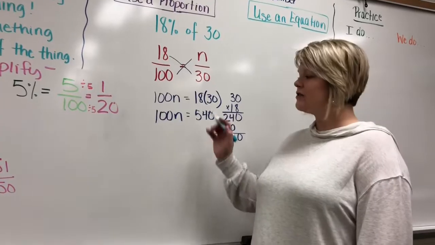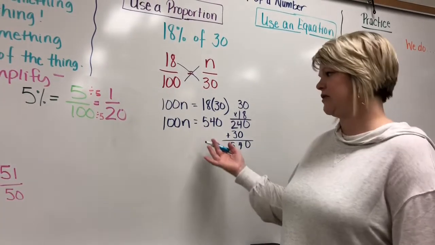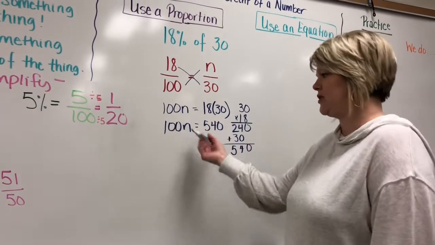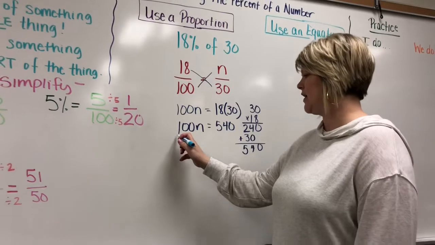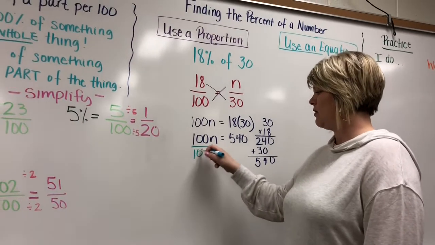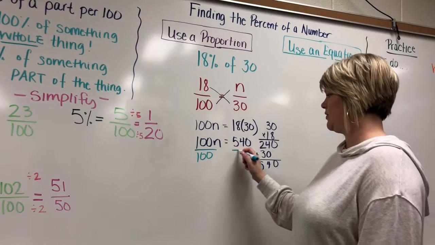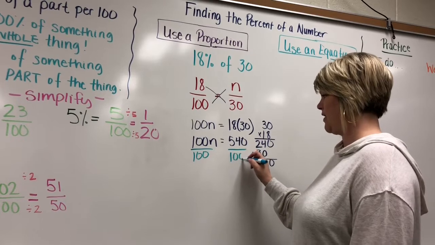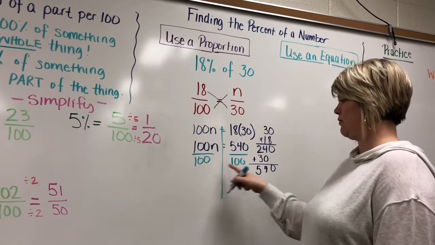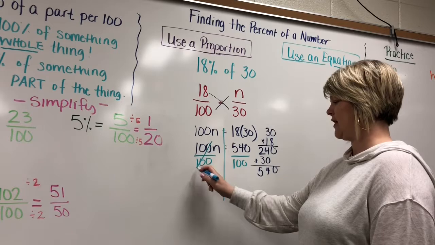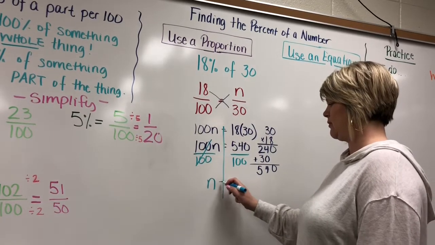All right, so now we're going to solve the equation, right? Because we ended up with an equation. We don't know what n is. To get n by itself, we divide by 100. Whatever you do to one side, you got to do the other. That cancels out, leaving me with n equals.